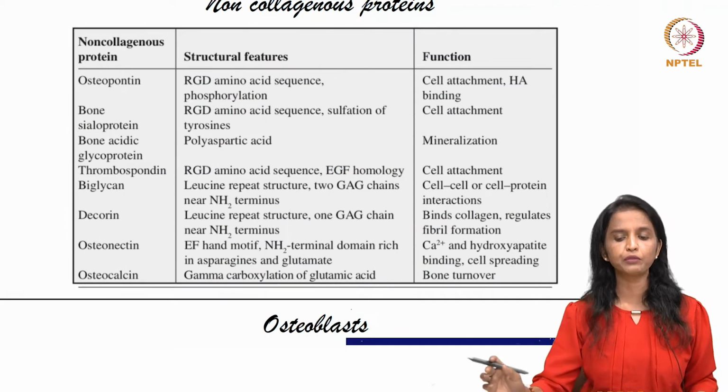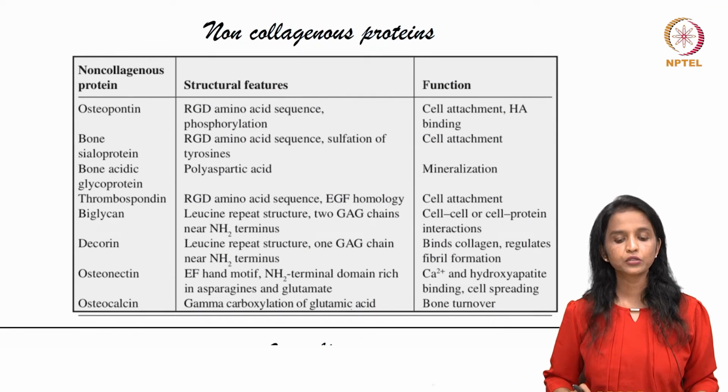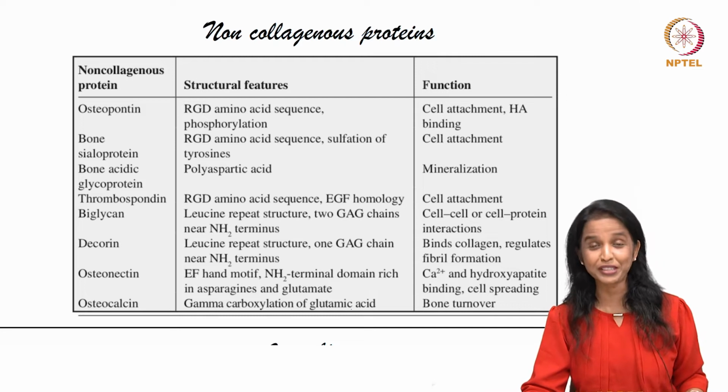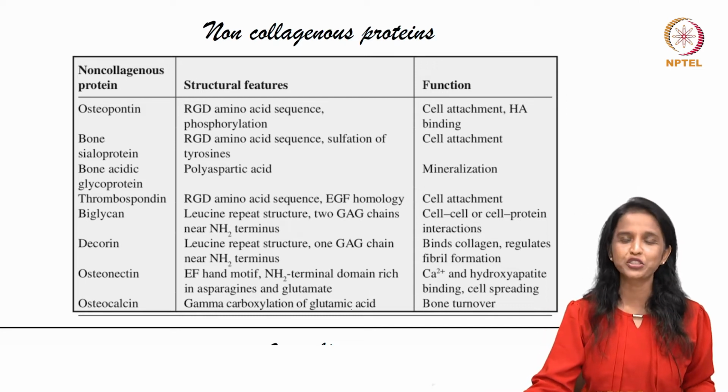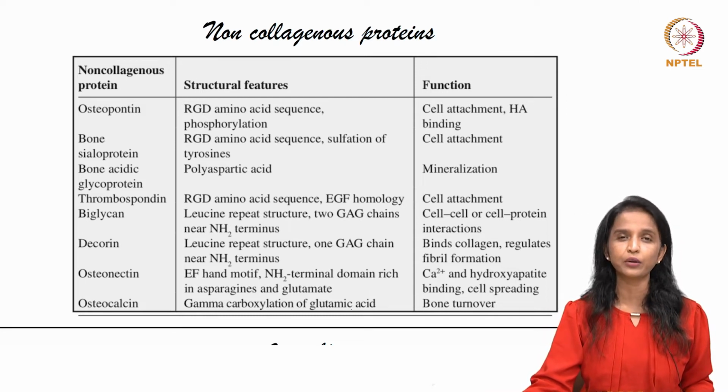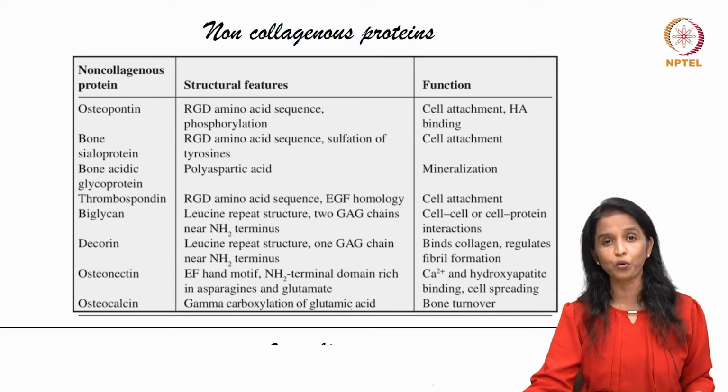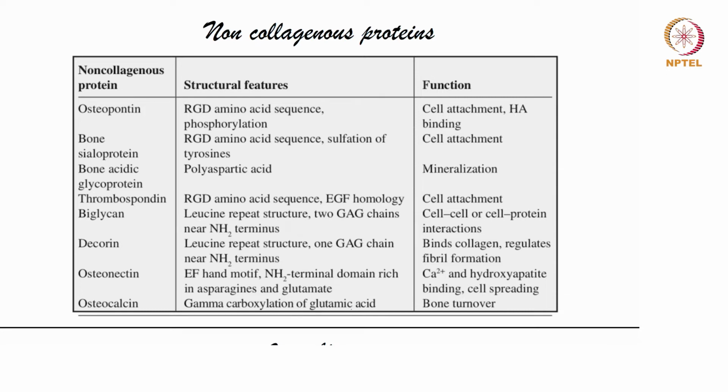And then further we have the non-collagenous proteins, shortly called NCPs. These are very important, and they play a vital role in bone metabolism, regulation and the remodeling status of the bone.